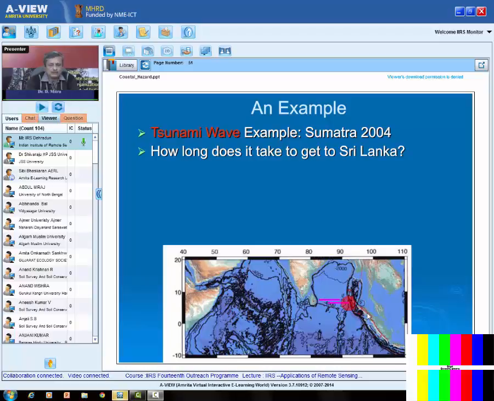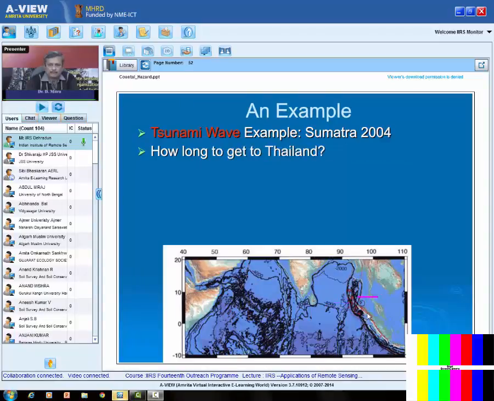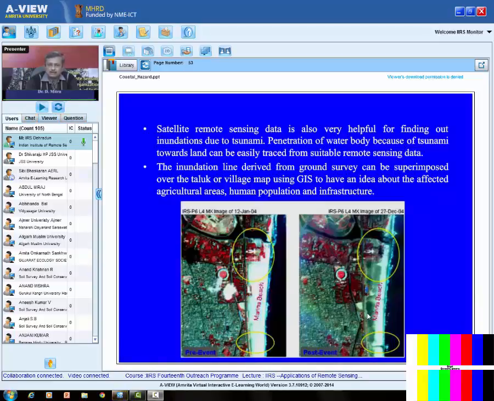If you know this horizontal distance and the speed of the waves, you will be able to calculate how much time it will take. This calculation is not shown in this PPT mode, but it is in the PDF which has been given to you. First try to do it on your own. In the same way, you can find out how much time it will take to reach Thailand.